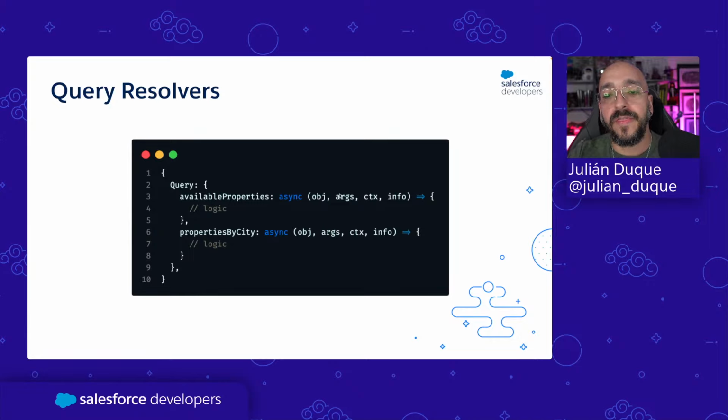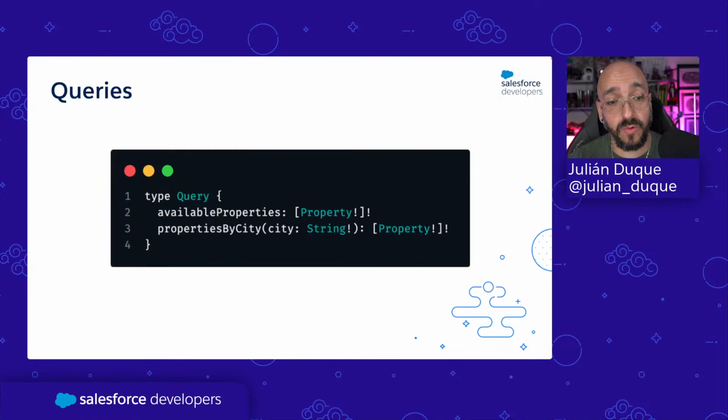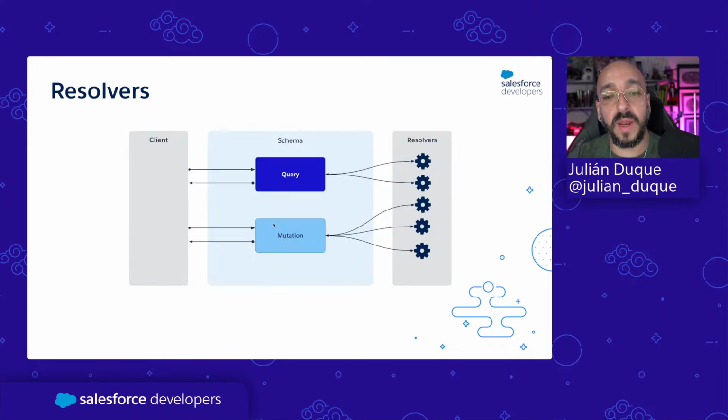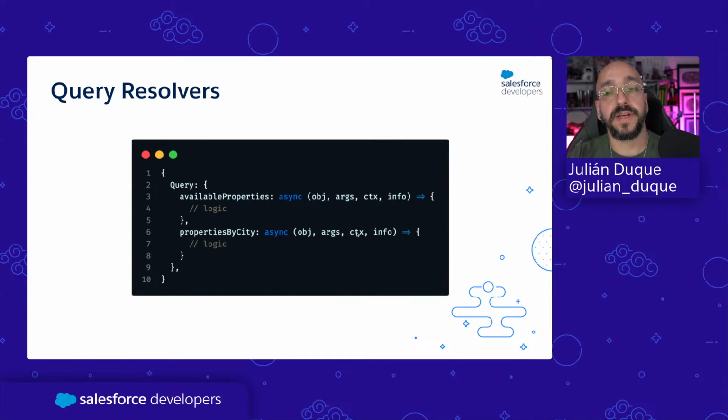The important one is the second, arguments. Those are going to be the input parameters of the query. Remember properties by city. This city is coming in the arguments object. Context is a special object that is shared across all of the executions, and it can have very special contextual information, for example, the authorization object, the logged in user, and the permissions that user has to perform operations.